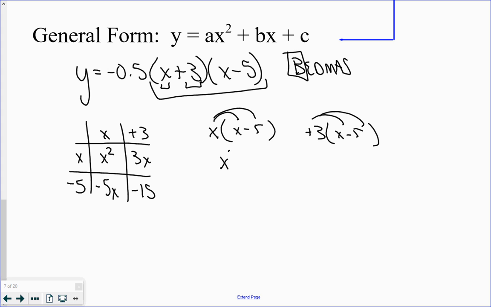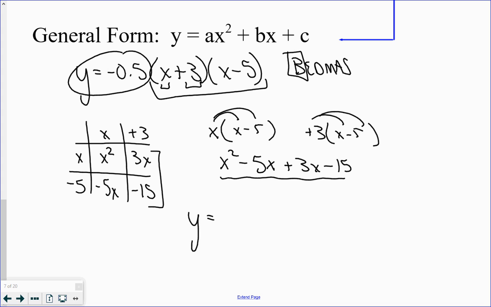So x times x, negative 5 times x, 3 times x, 3 times negative 5. Notice, same 4 terms. So now we've got y equals negative 0.5, I've got x squared. Now right here, I've got negative 5 plus 3x. So that's a negative 2x.